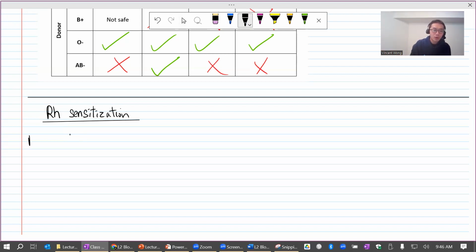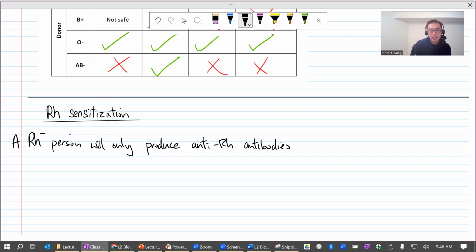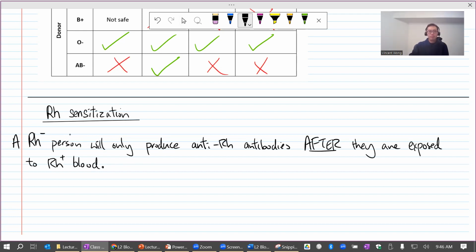Okay. So an RH negative person will only produce anti-RH antibodies after they are exposed to RH positive blood. Okay.